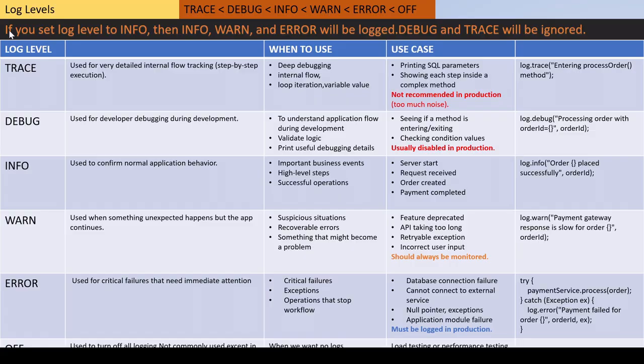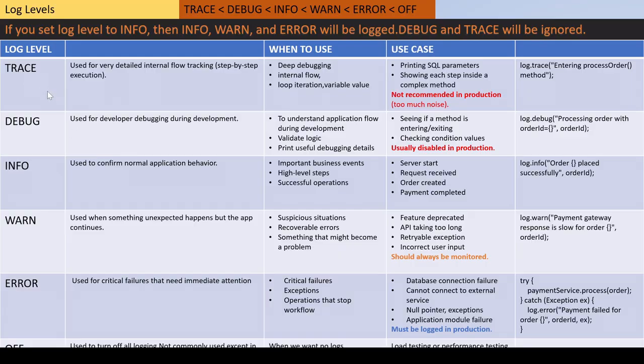The very important point I have highlighted: if you set the log level equal to info, then info, warn and error will be logged, up to info it will be logged in the console or log, right? Then debug and trace will be ignored. And what is off, that also we are going to discuss.